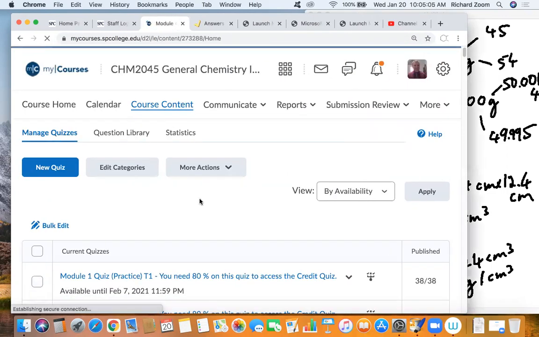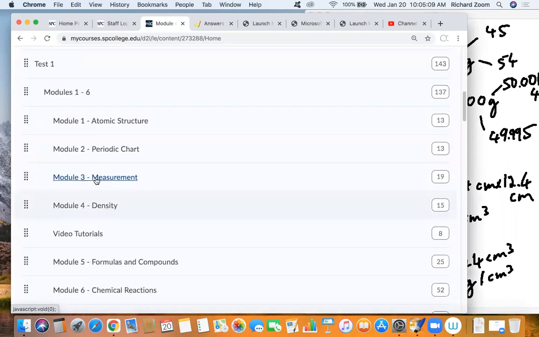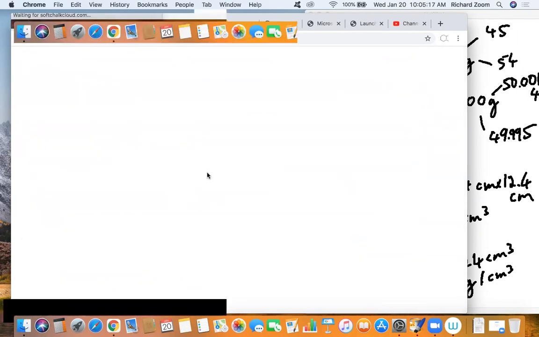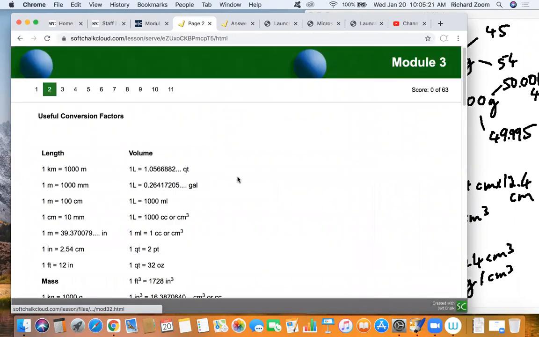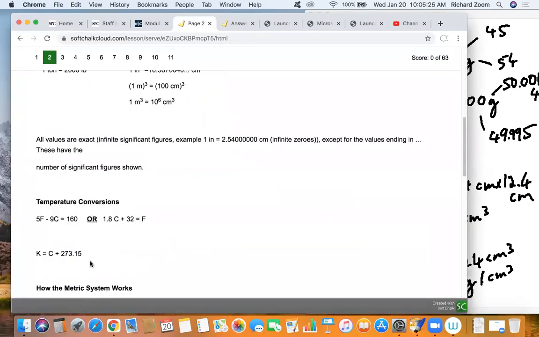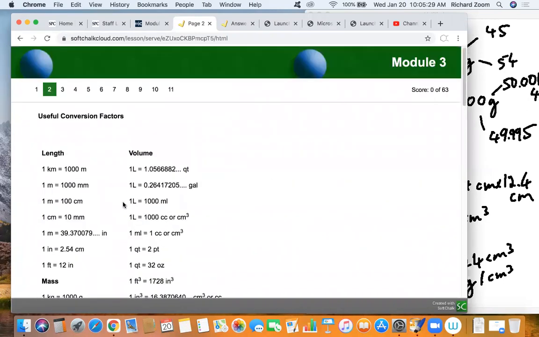While you're doing the homework, you should consider it to be open book. I'm expecting people will have it open. And in the Module 3 PDF or the Module 3 soft chalk, either one, on page 2, you'll see the conversions here. You'll also see the temperature conversions are down here on the bottom on page 2.